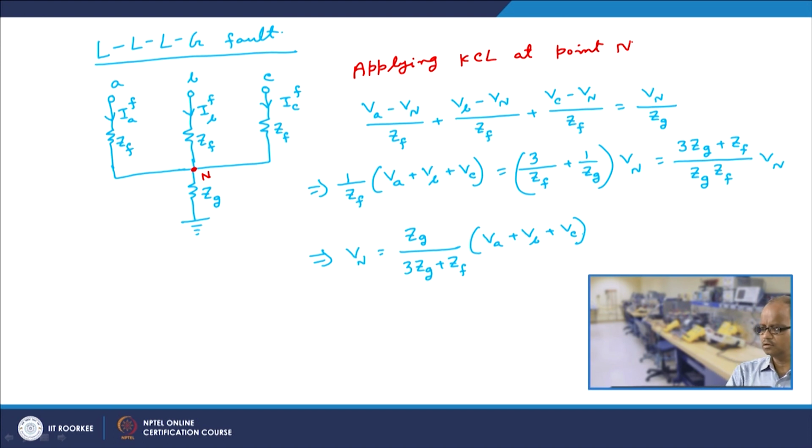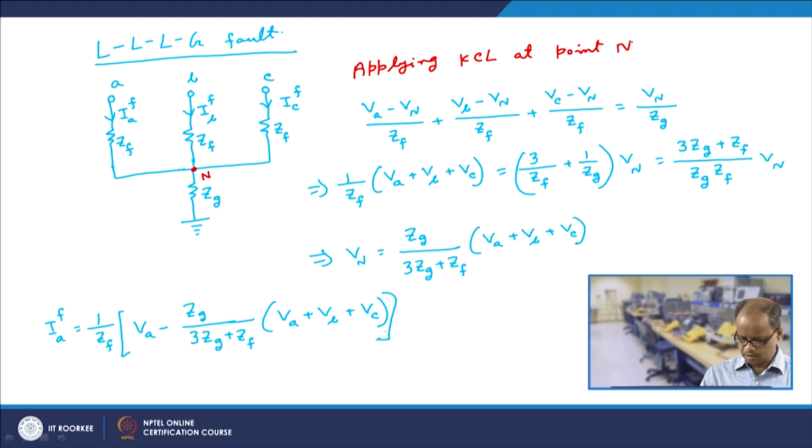Then IAF would be 1 by ZF into (VA minus Vn), and Vn is Zg by (3Zg plus ZF) into (VA plus VB plus VC).